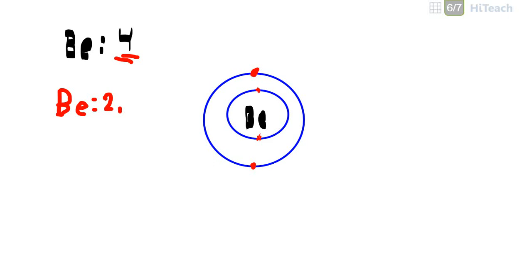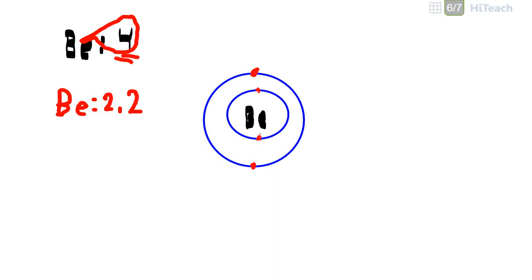Then how many electrons in the second energy level? They are also 2. So the total number is 4 at the end, which is the atomic number. This is the number of electrons. You can do the same thing for different elements.